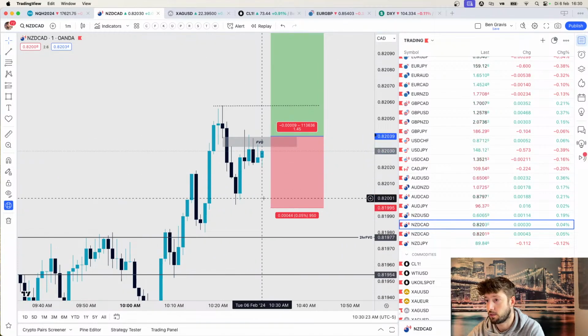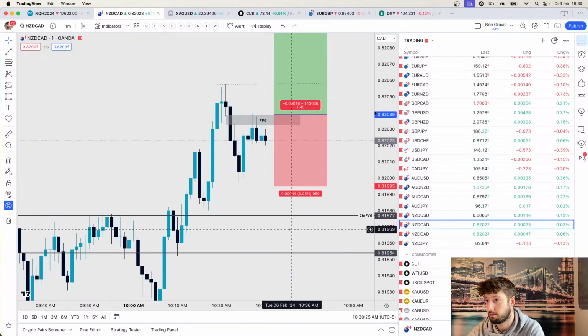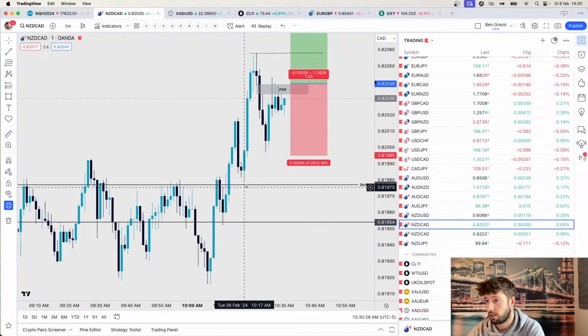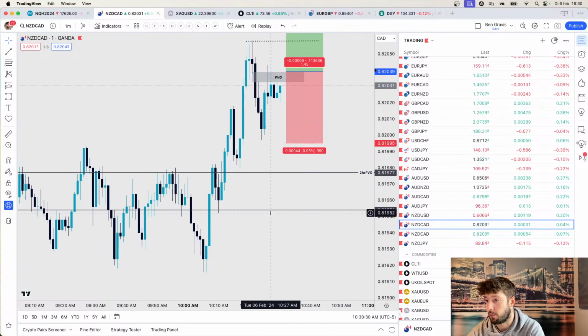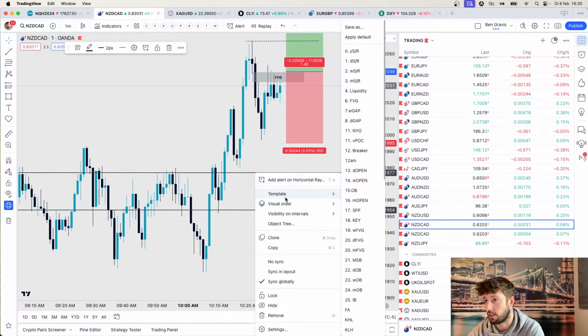And if it goes a bit lower, it would be better to long it around the 2 hourly fair value gap that we need to flip on the 2 hourly. So we have a half an hour for that. So I am expecting this.